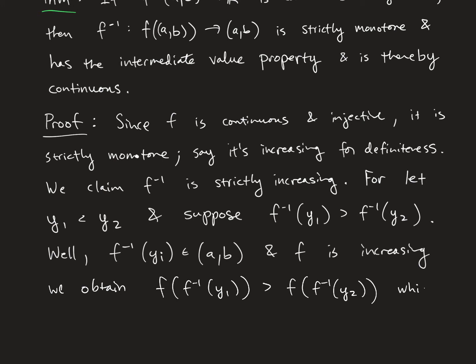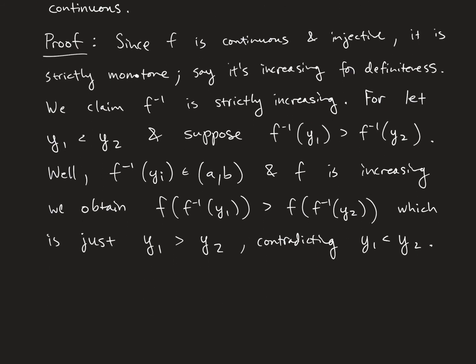But right, the f and the f inverses cancel out. This is y1 bigger than y2, and this contradicts y1 less than y2. Okay, so thus we must have f inverse of y1 less than f inverse of y2.